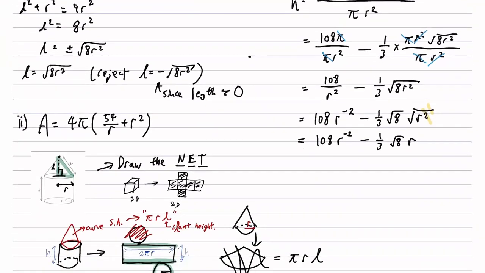Square root 8 is square root 4 times 2, which is square root 4 square root 2, so it's 2 root 2. Does that help?